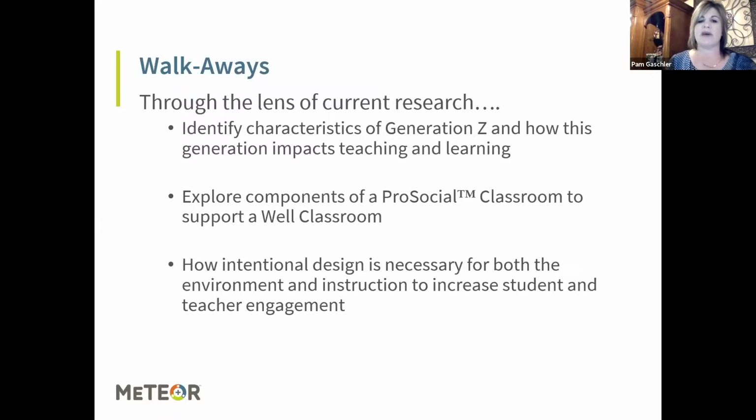And to allow us to intentionally design the necessary components of the environment and instruction that we need to have in place to increase student and teacher engagement.